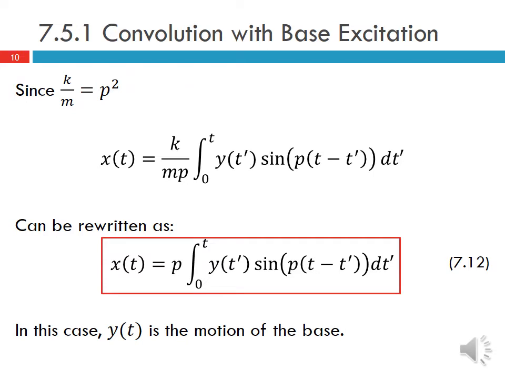In this case, y of t is the motion of the base. So given the motion of the base as some function, we can calculate the motion of the mass itself.